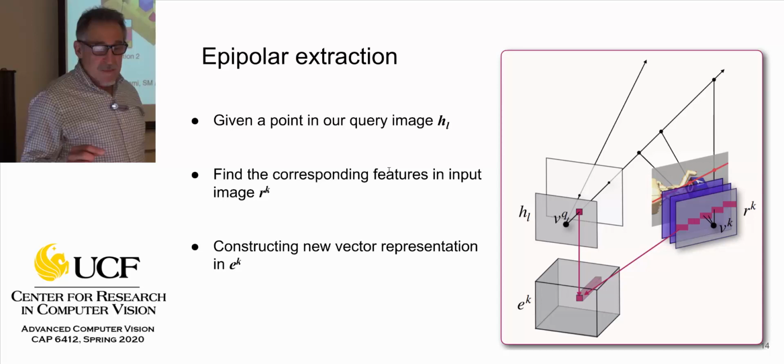And the idea is that for each spatial point in our query, VQ is our query view, for each spatial point there, we want to find what the corresponding epipolar line is, and what those features are for that corresponding line in our context image. And this is an example of a single context image.